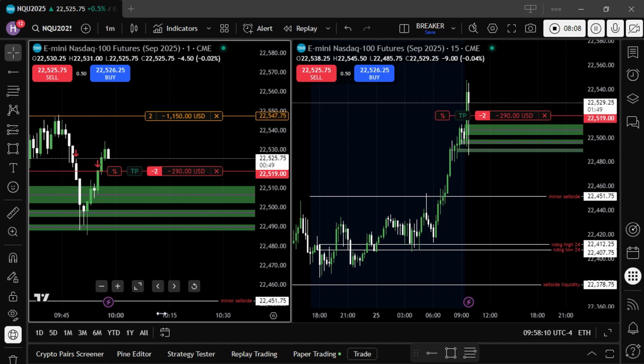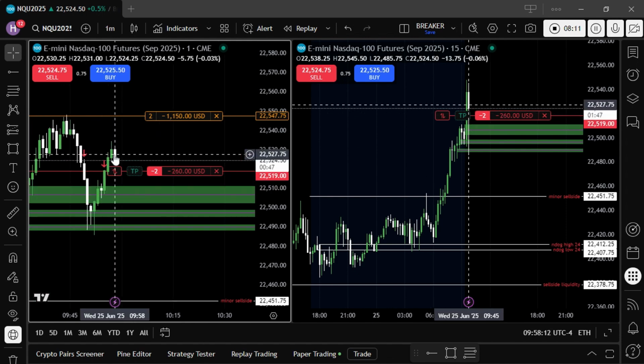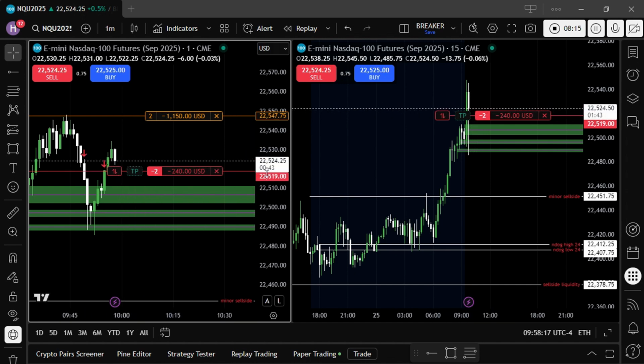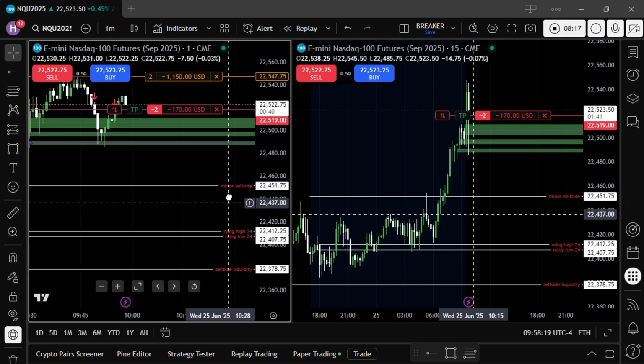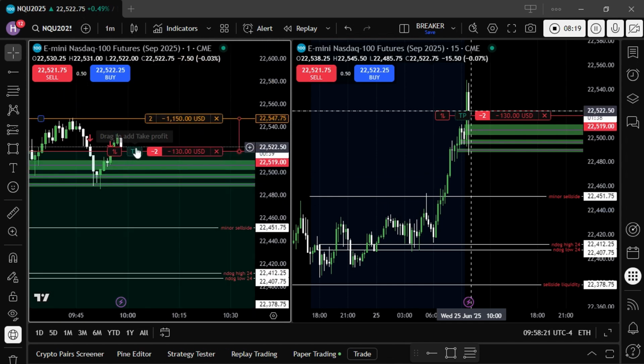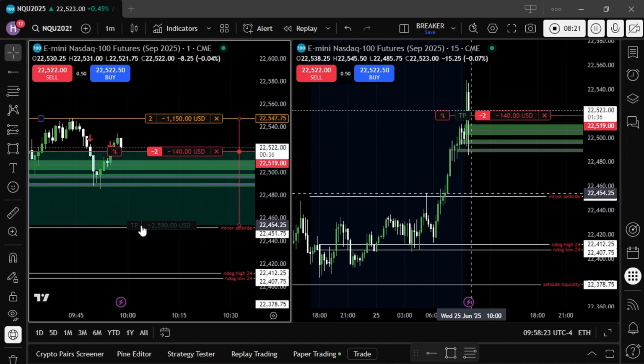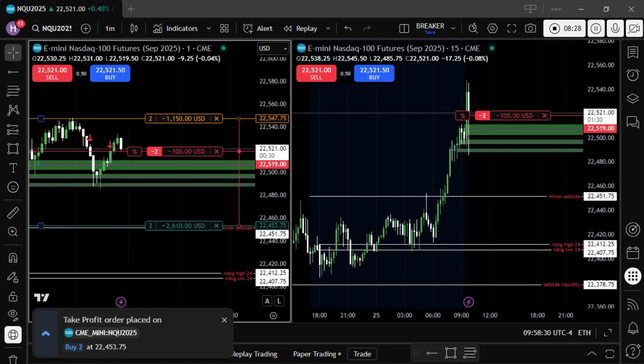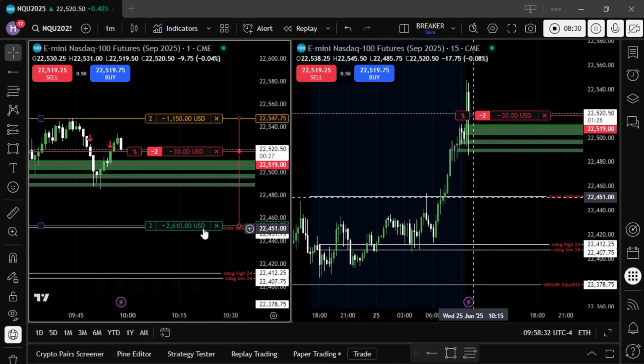So I was able to build a strong case off of that when it comes to aiming for lower prices. And so that's my draw on liquidity, that sell side liquidity there.